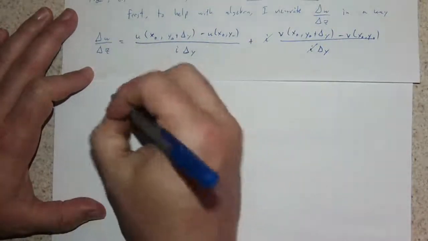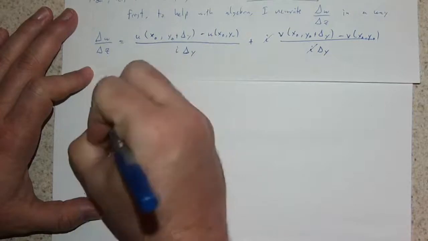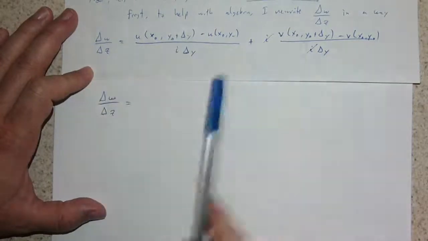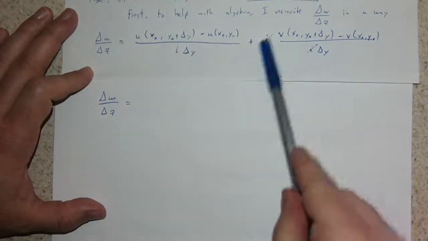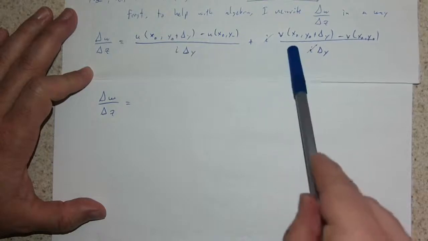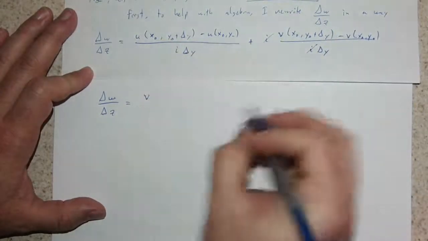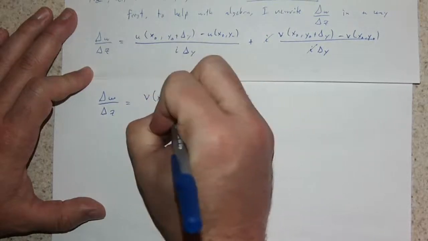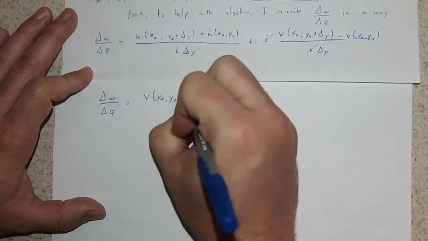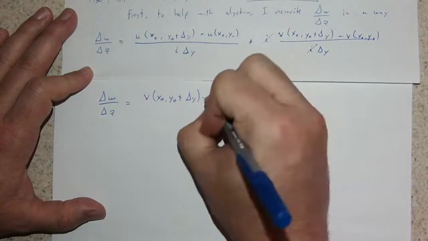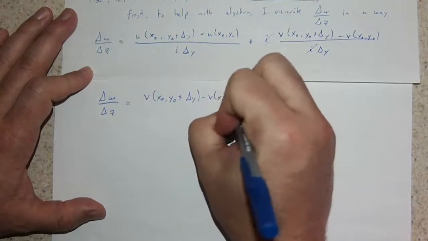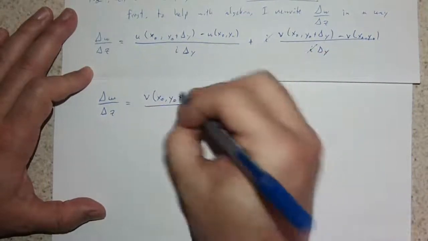What I actually get is that delta w over delta z is equal to, this becomes real because the i's cancel out here, so this part is the real part: v of x naught y naught plus delta y minus v of x naught y naught over delta y.